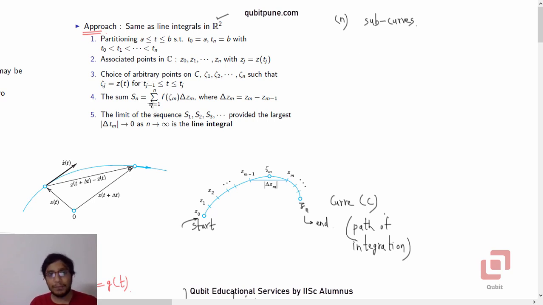So step 1 is partitioning the curve into n subcurves such that the endpoints of the mth partition are Zm minus 1 and Zm.